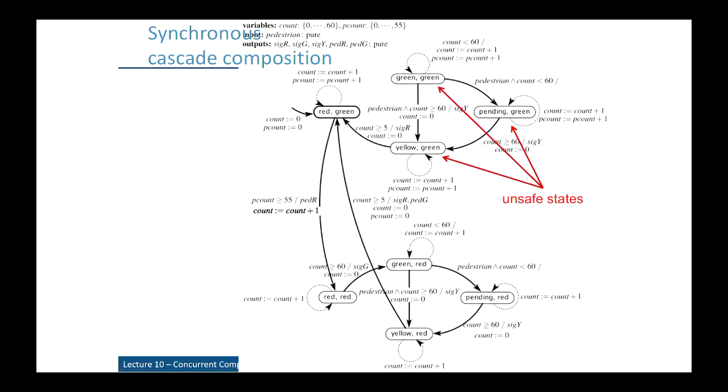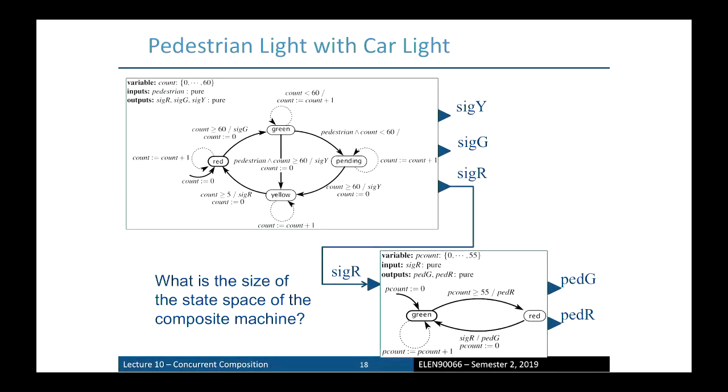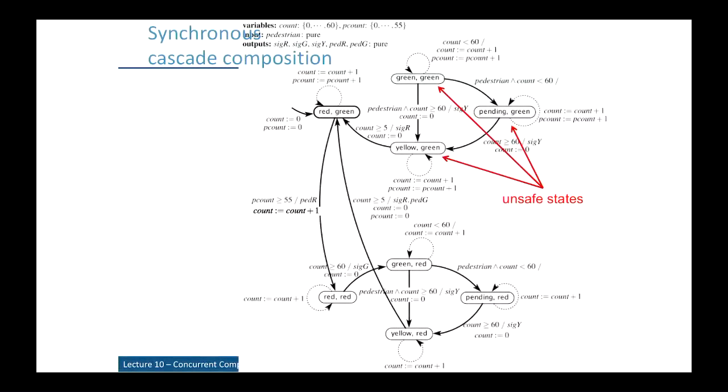So this is what happens. We get all the possibilities. We start off in the default state of red for cars, green for pedestrian, as we see from the individual state machines. And therefore now we have to enumerate all the possibilities from there.